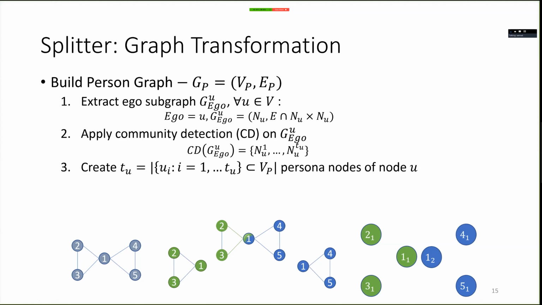If I understand correctly, when you're extracting the ego subgraph, you are doing that based on the neighbors that each node has. So when you are splitting node number 1, you are splitting it based on the context, or in a way, the number of neighbors it connects to. Because you are splitting based on context, if you do not have prior information about what context each of these ego subgraphs holds, then how do you know whether to split node number 1? It can be that 2, 3, 4, and 5 represent the same context.